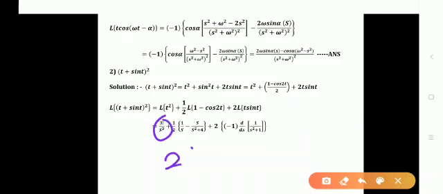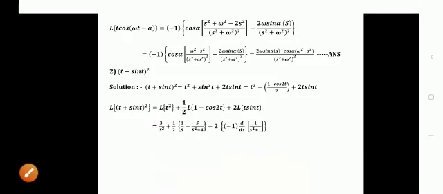It should be 2 factorial, not 3 factorial, upon s cube. So plus 1 by 2, the second term multiplier as it is, 1 minus cos 2t. Laplace transform of 1 is 1 upon s, of cos 2t is s upon s square plus 4, plus 2 times. Now here the Laplace transform of sin t is taken and then we have applied the multiplication by t property.